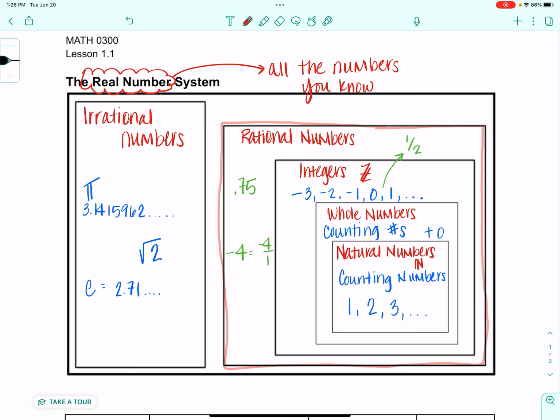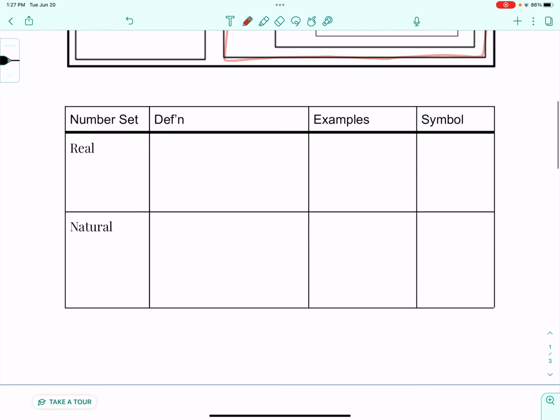At least at this point in the game. So let's look at a definition of some of these. Some of them we'll talk about symbols, we'll give examples, and this will come in handy when you are trying to classify some number sets later.